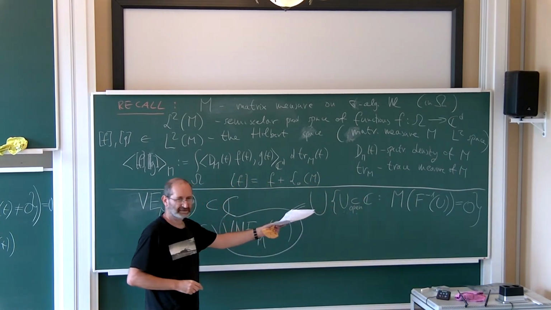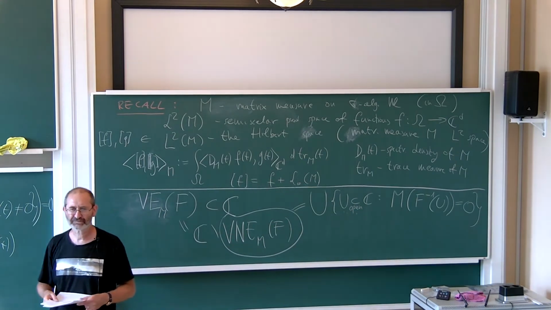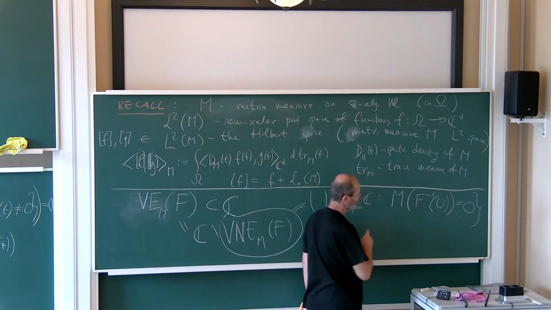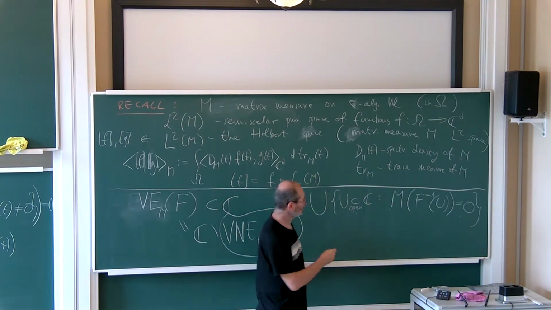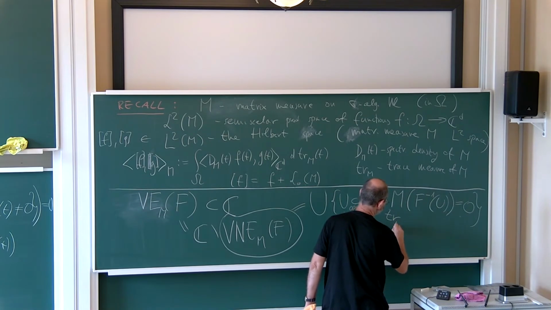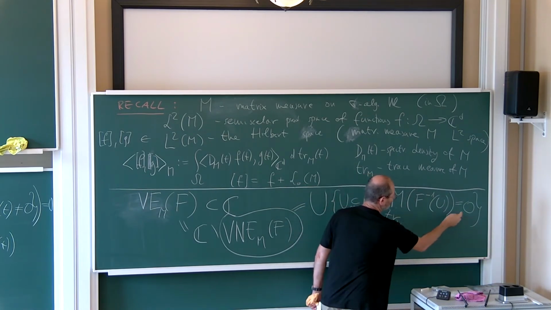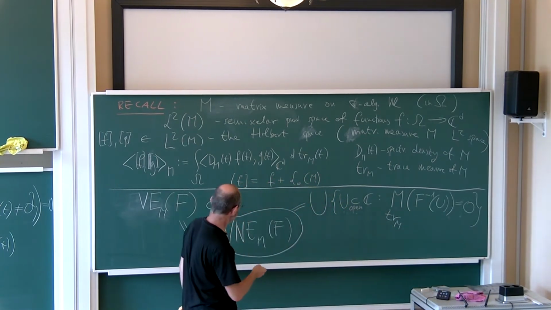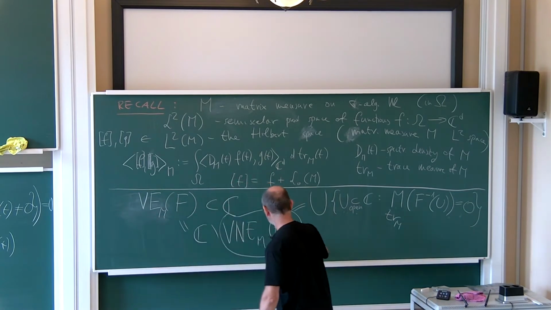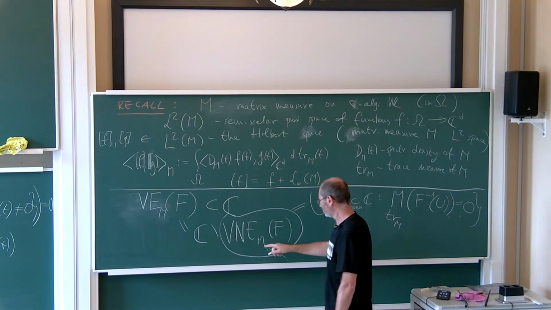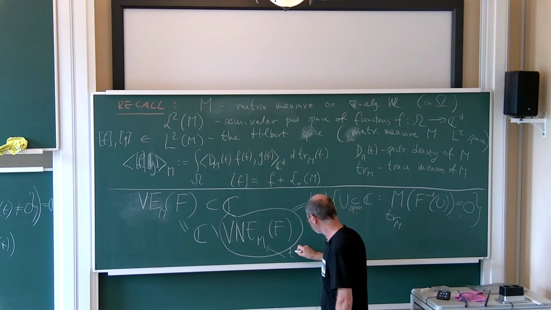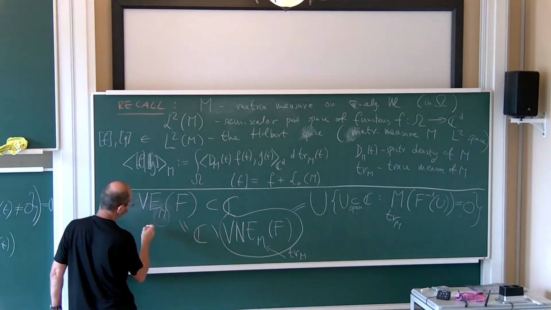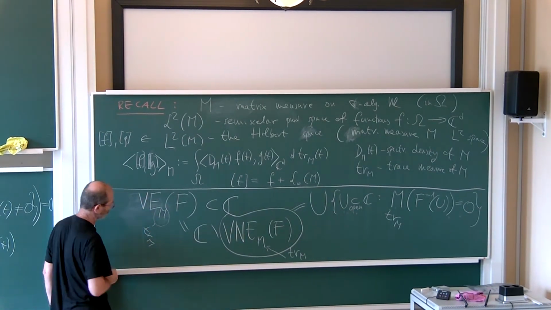And observe that this is in fact not something new, because the condition that this is 0 is equivalent to the condition that the trace measure of this set is 0. And trace measure, this is just a measure. So we can say that this is the same as the analogous set for just the trace measure, which is well known, and we denote this also like this.